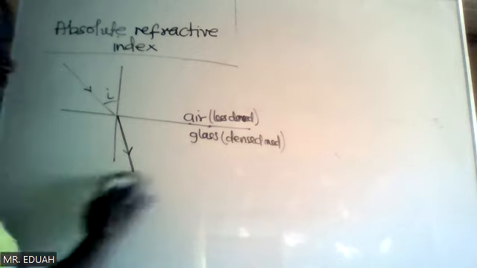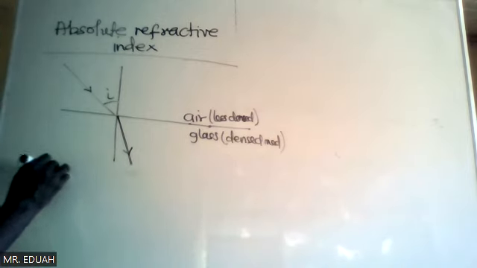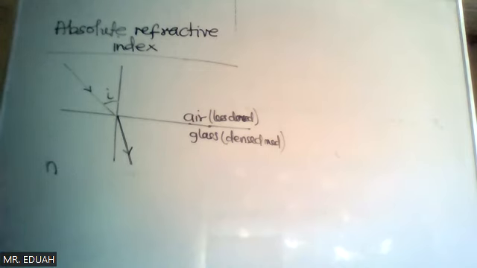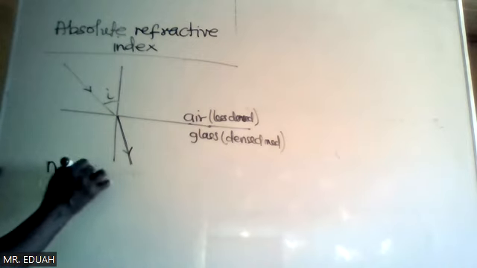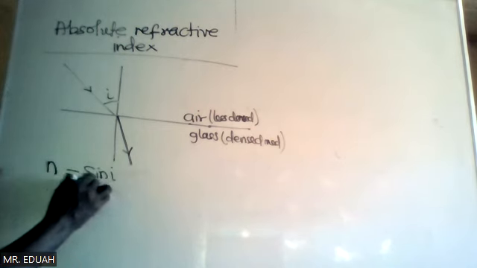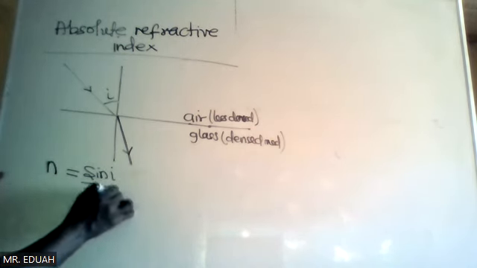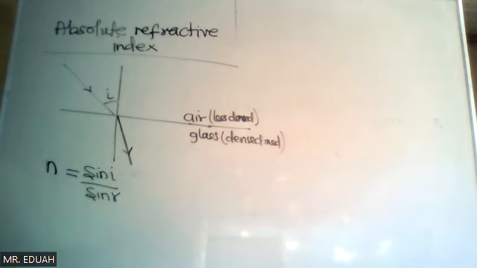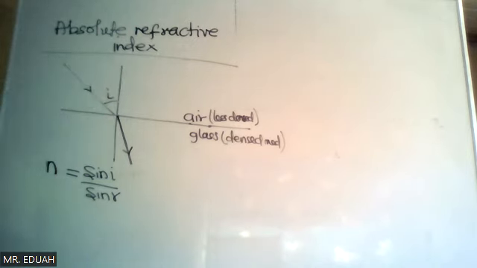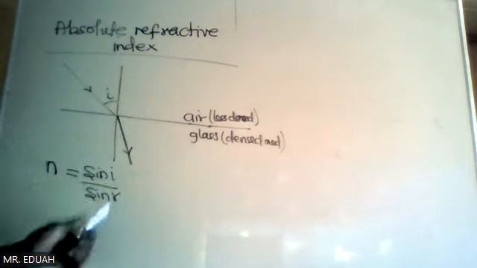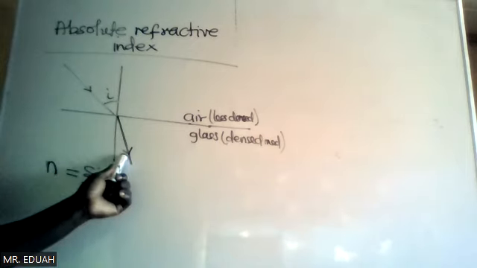Now, from Snell's law, if we have to find the refractive index of the dense material, the refractive index will be equal to sine I over sine R. So over here, we are expressing the material's ability to bend light with respect to the directions of the incident and then the refraction.